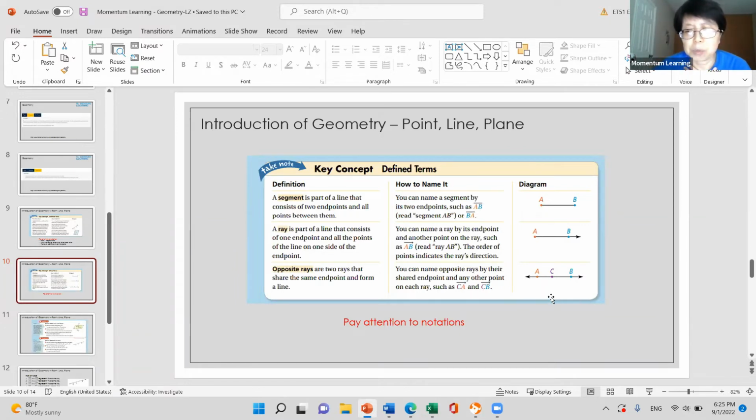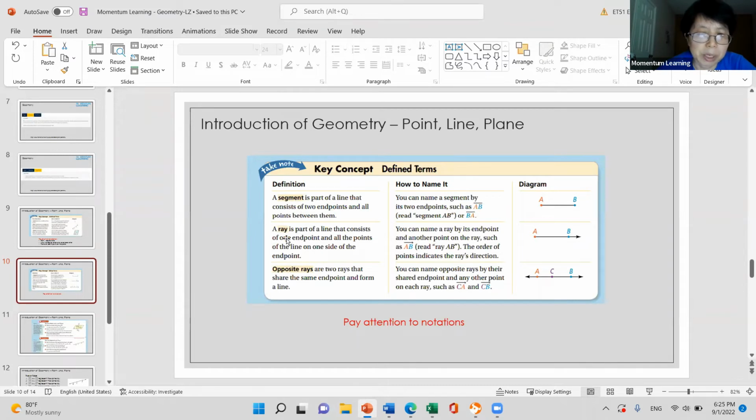The ray CA goes this way, and the ray CB goes this way. So they form a straight line, and they share the same endpoint. In this case, we call the ray CA and the ray CB opposite rays.